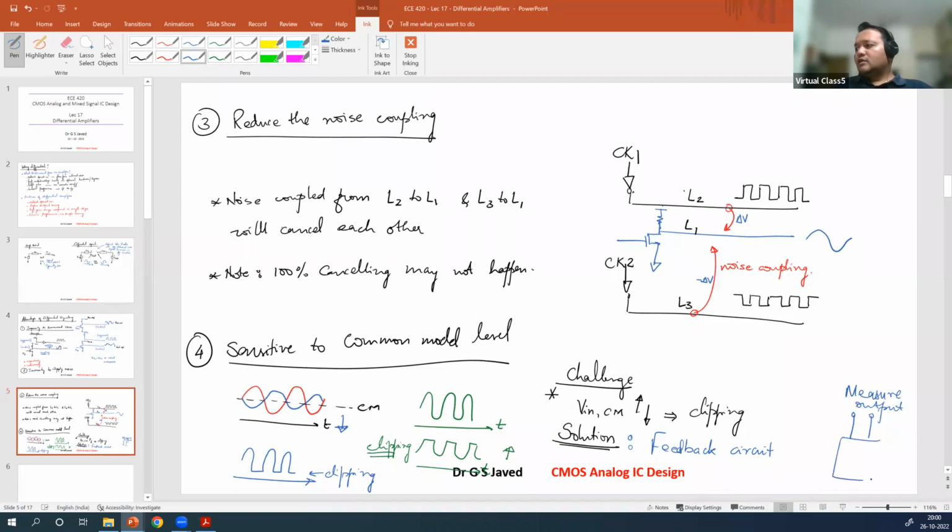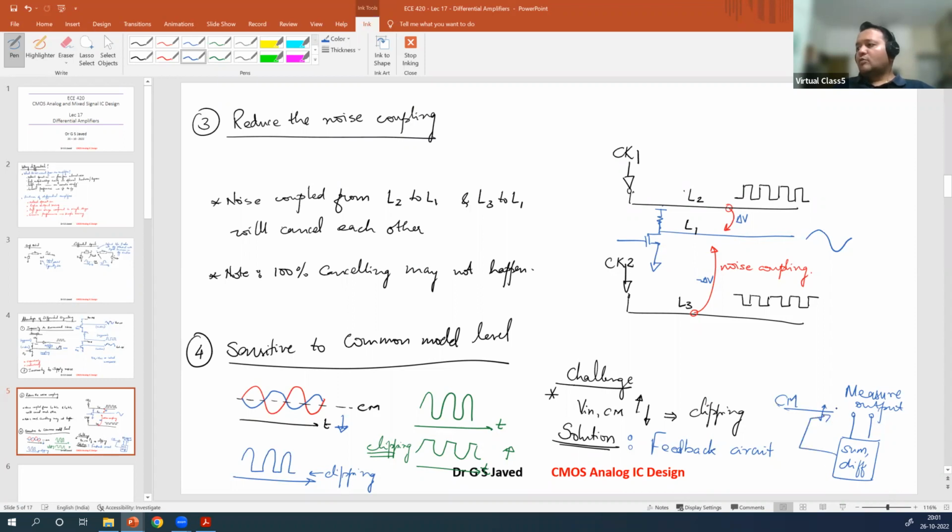Then you sum the value, take an appropriate reference, and then feed back to the common mode point. Okay. At the common mode point, you feed back, and this is going to be tuning it.